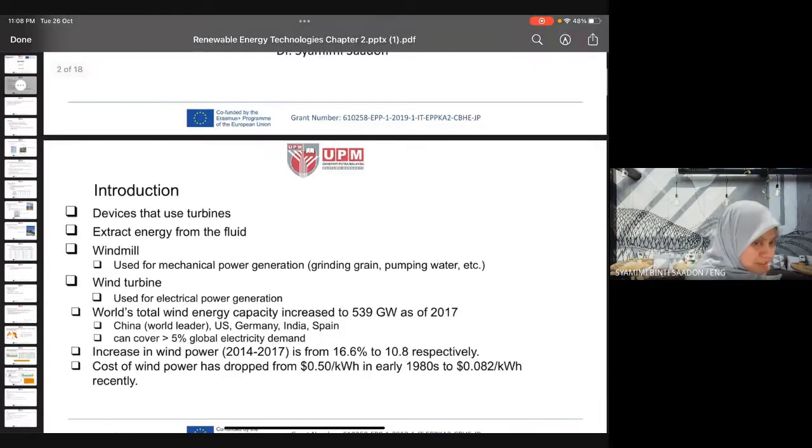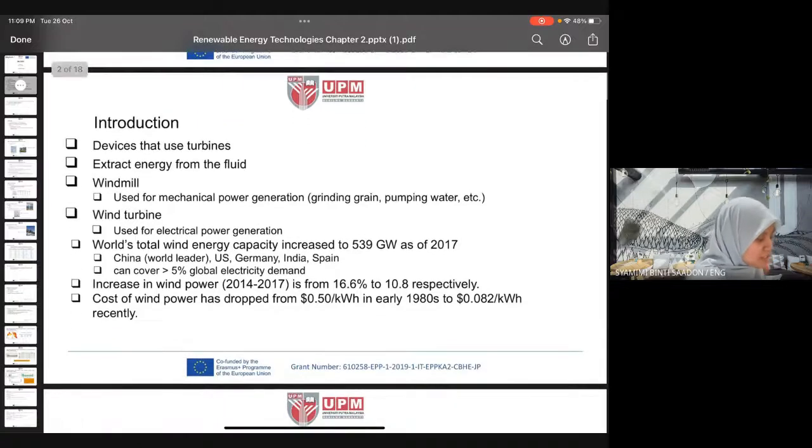So let's start. Introduction. I think all of you know what is wind energy, wind power. This type of technology uses turbines. I talk a lot about aerospace application because our department is aerospace engineering.